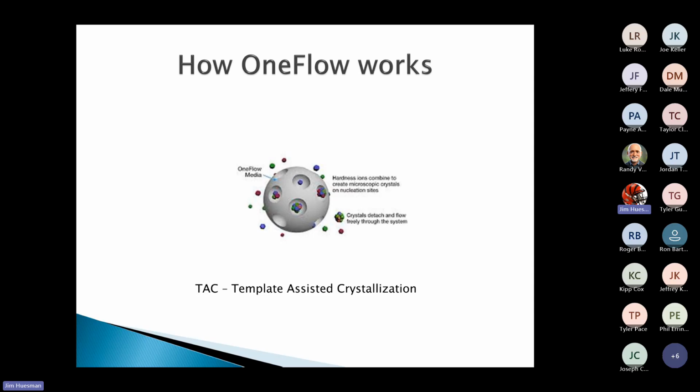The water's still hard, but when it hits the first 90, or hits the faucet, or hits that solenoid valve, because the media is now attached to that calcium, the water is going to pass through the device without the calcium and magnesium sticking to all of the metal products.